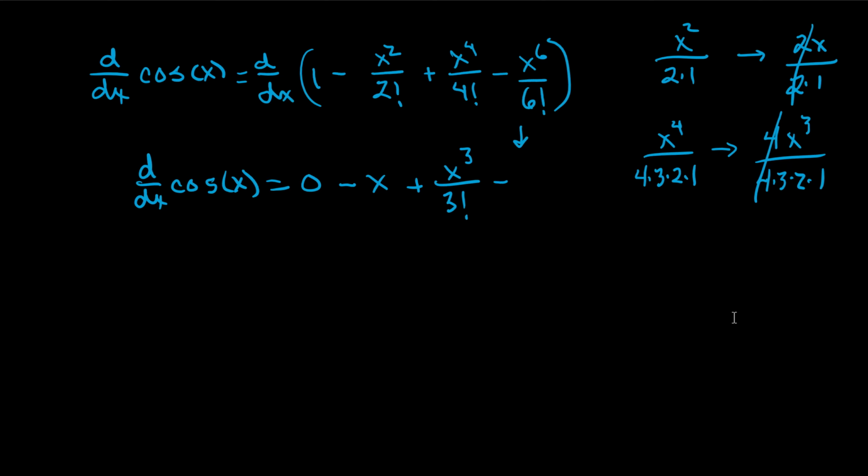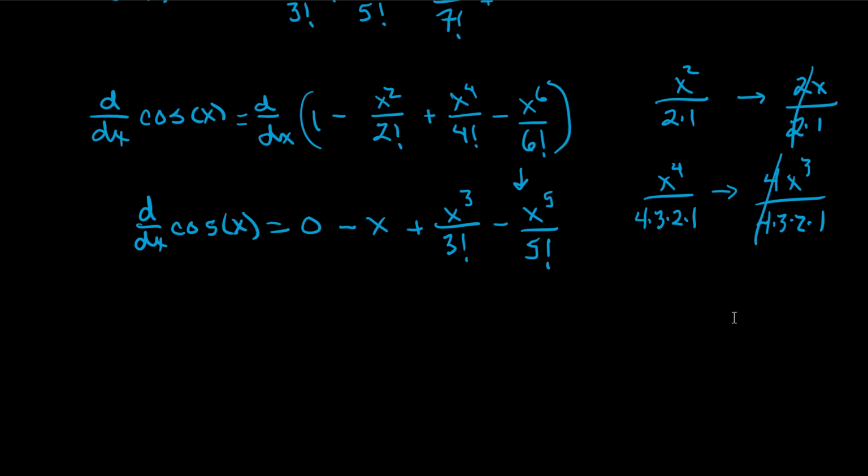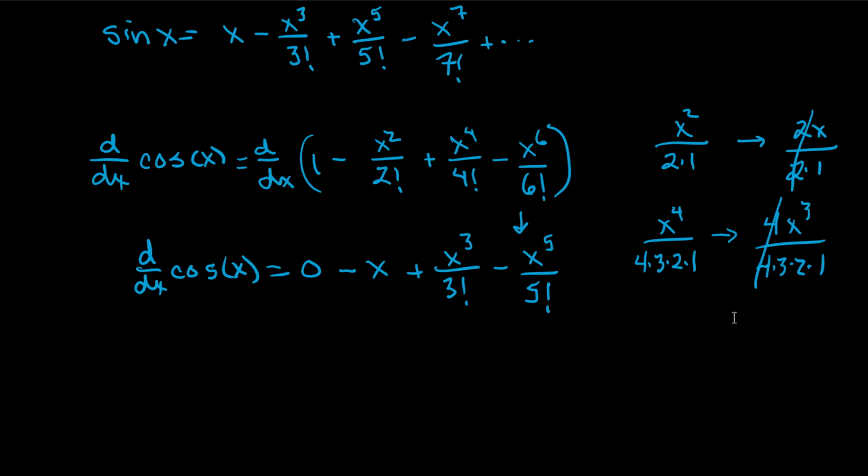This is going to become minus x to the 5th over 5 factorial, which almost looks like something you've just seen. If you take a look at the definition of sine, notice that it's a positive x, the minus x cubed, a positive x to the 5th.